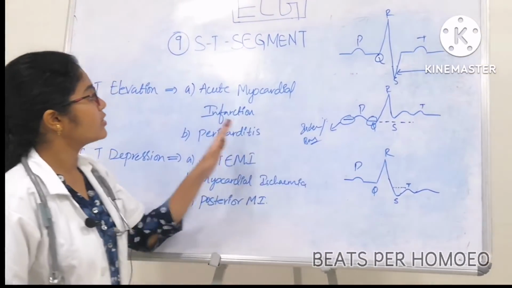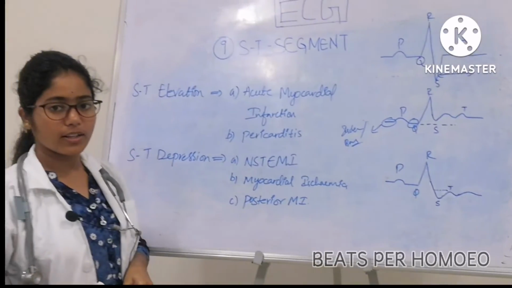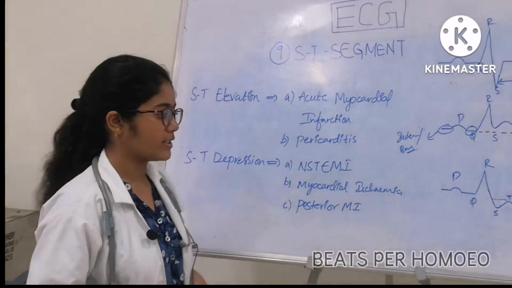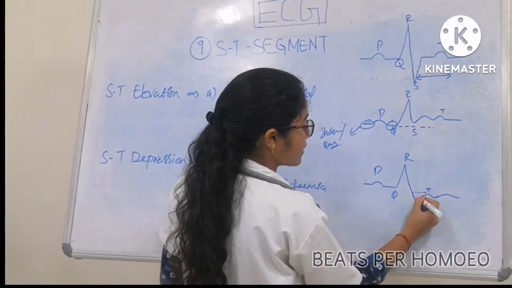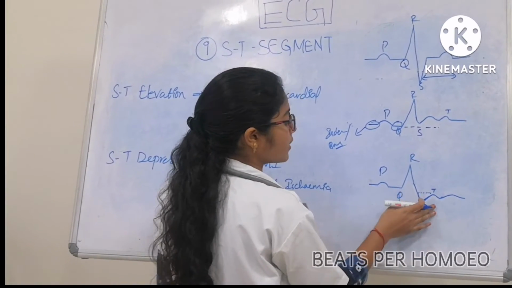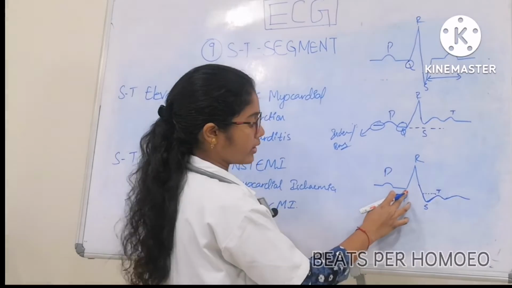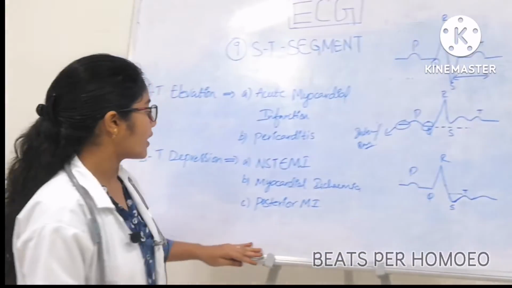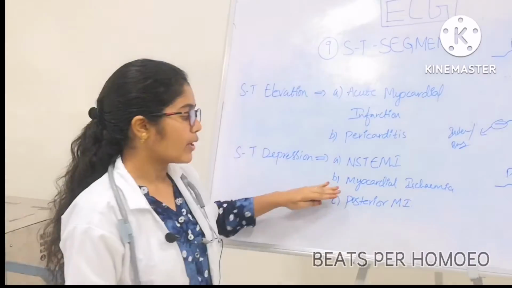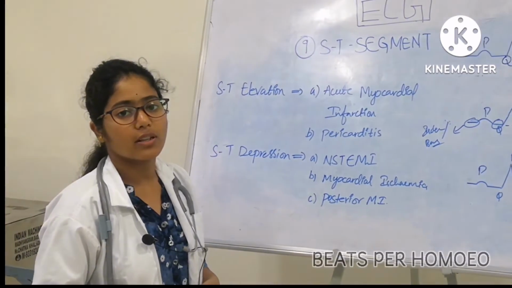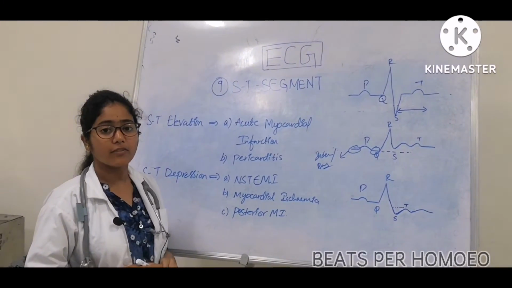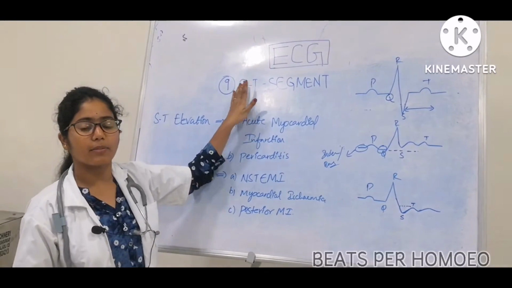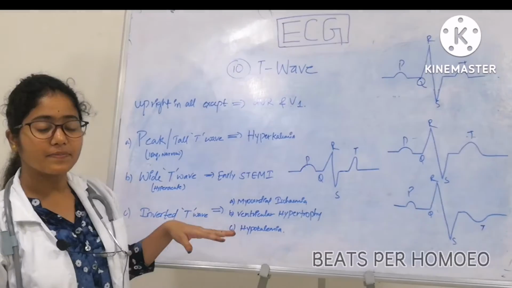It is seen in conditions like acute myocardial infarction or pericarditis. The second thing we see is a depressed ST segment, that is, it is lower than the baseline or isoelectric line. It is seen in conditions like non-ST elevation MI, myocardial ischemia and posterior MI. So we can interpret myocardial infarction with the help of the ST segment in the ECG strip.